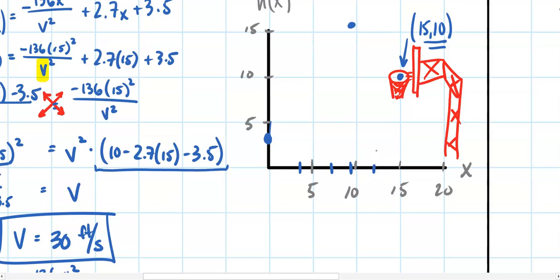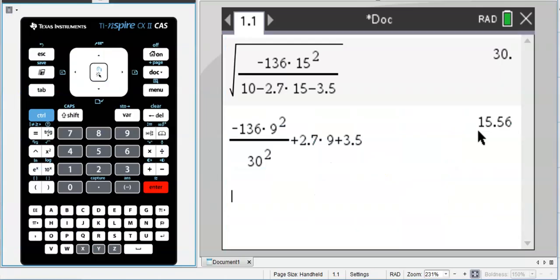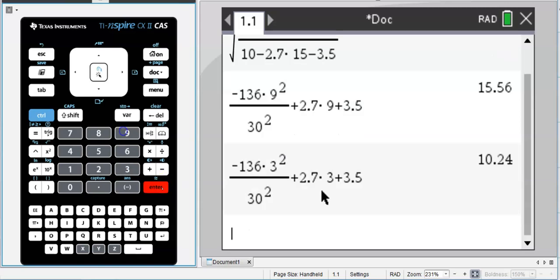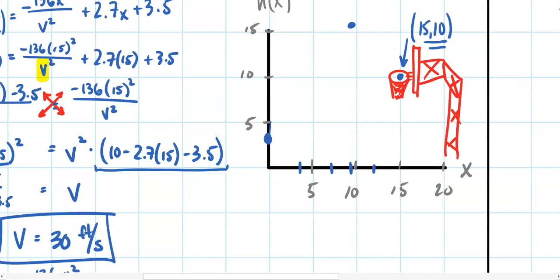You can do what I've just done and copy the equation from above and change the x value to 3, 7, and 12 like we recommended. Or you can build this function in a graphs page and evaluate the function using the variable command as I showed you last week. But evidently when x is equal to 3, the ball is 10.2 feet in the air.